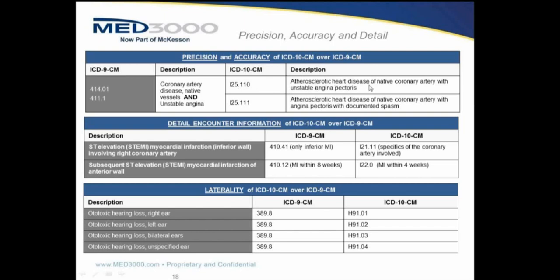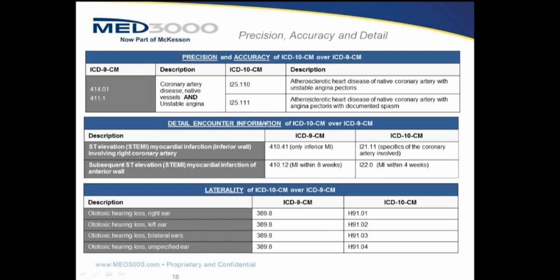You can see the description here. We're talking about the heart disease, the coronary and stable angina. You can see how much more detailed the description is. So within the codes here, this is the change. Then from a documentation standpoint, again, this goes back to the physicians and that documentation being very specific.